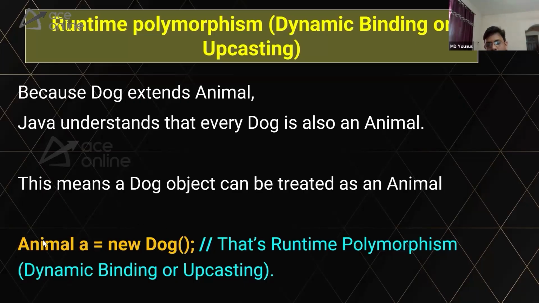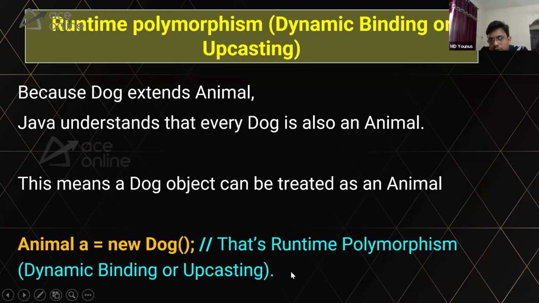Dog is a child class of Animal, so a parent class can refer to the dog object. But remember, we are not making the animal object. We are making a dog object, but referred by the animal reference.